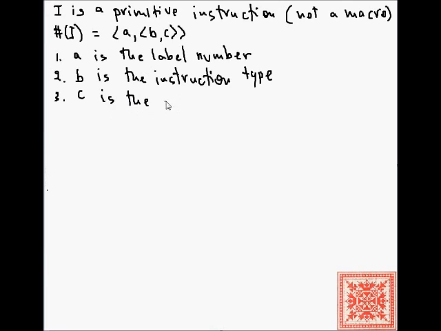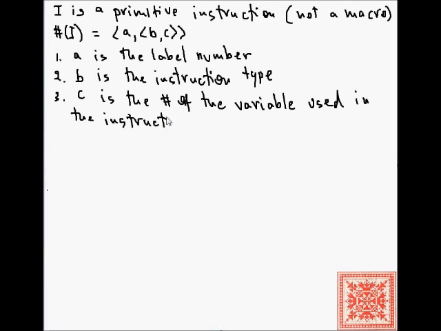B is the instruction type, as discussed a few moments ago. And C is the number of the variable used, the position in the variable list used in the instruction. So it's this number of V.